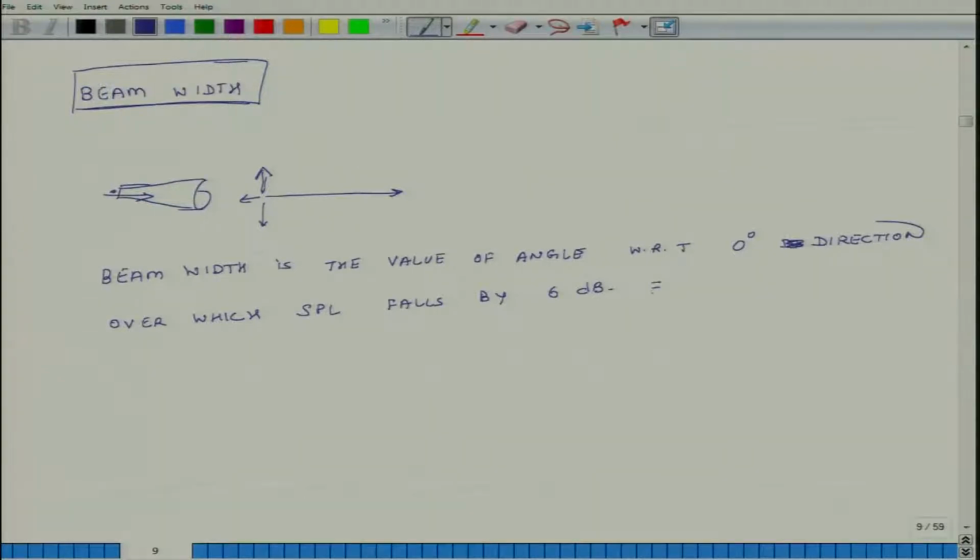This is actually known as quarter power width, and we will explain all this. Quarter power width.